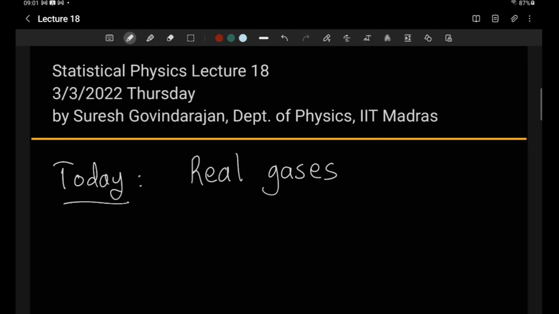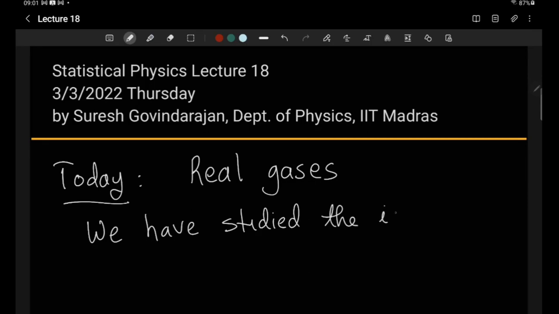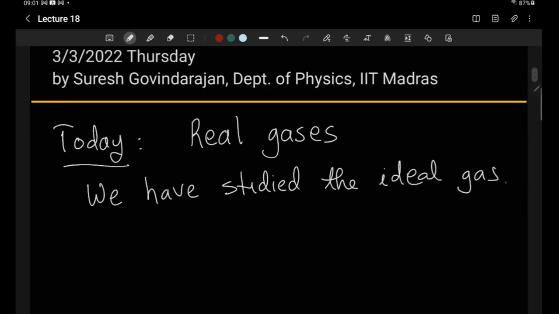Okay, so good morning, and we start the study of real gases. We have already seen the ideal gas, and for instance, derived the equation of state.